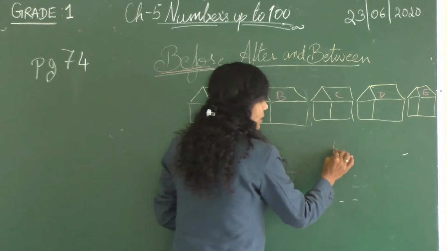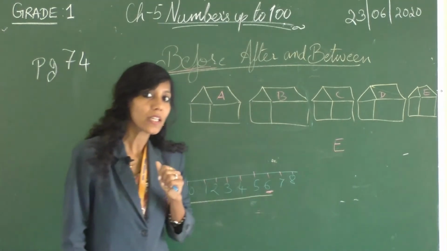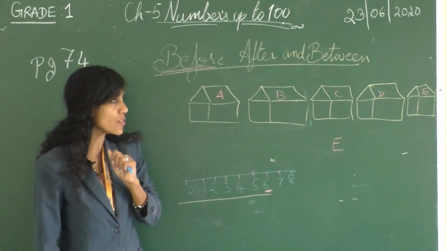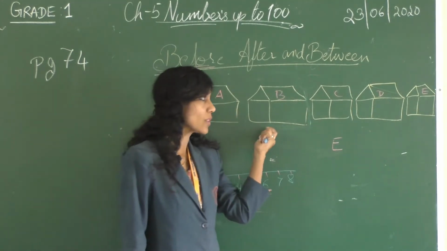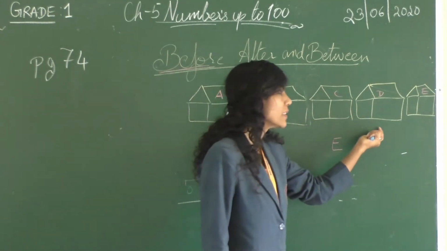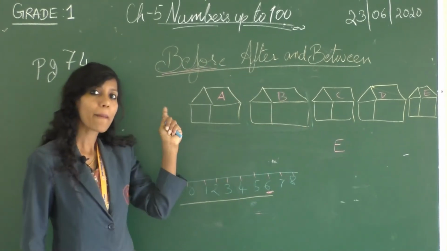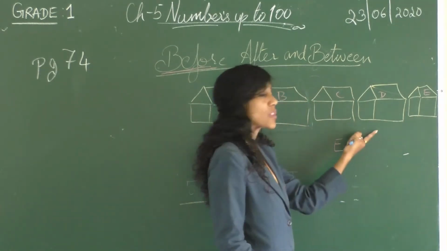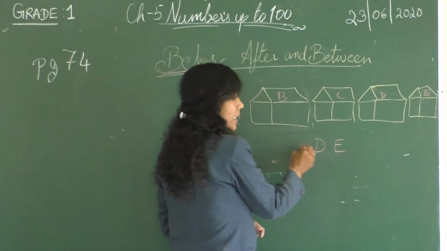Note it, I said just before E, not before E. So A is before, B is before, C is before, even D is also before. All these houses are before E. But which is just before E? Yes, just before E is D. So what will be the answer here? You will write D.